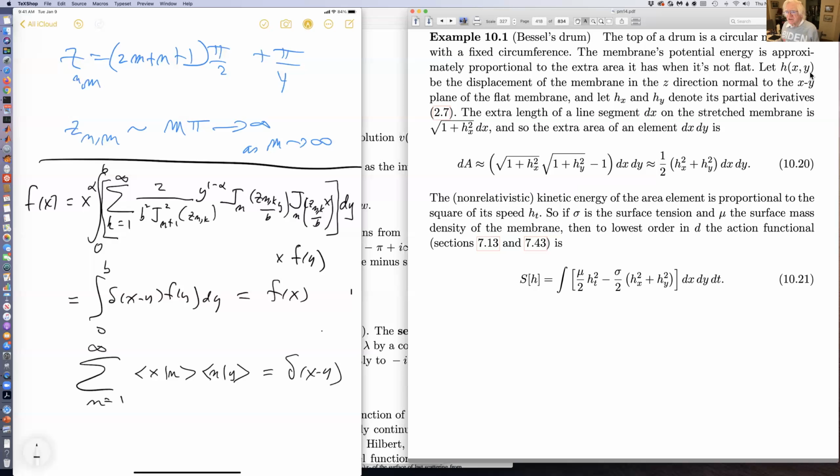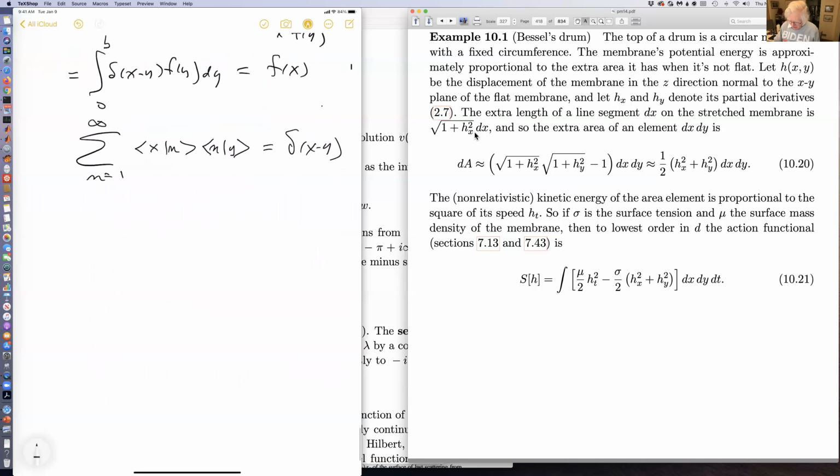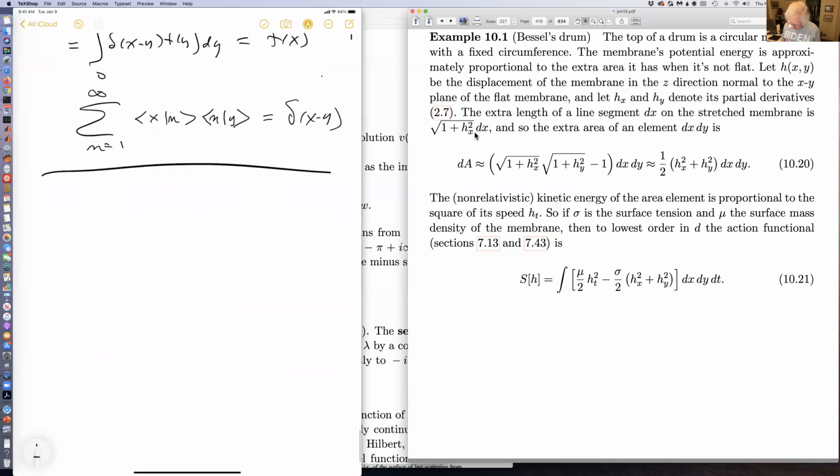And if h is the height of the surface of the drum at x and y, in other words, in the z direction, and h sub x and h sub y denote partial derivatives with respect to x and y, then the extra length of a segment dx is square root of 1 plus h sub x squared. So maybe I should say a word about that.